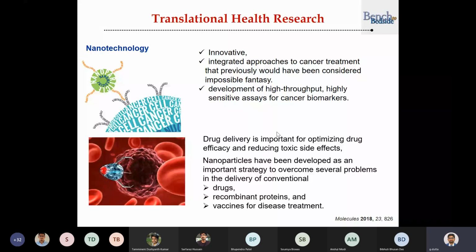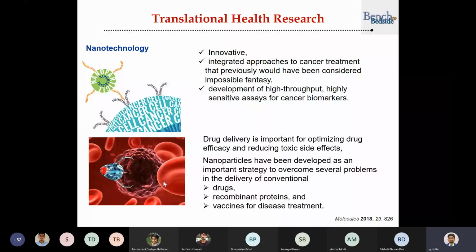Everything you can do by using nanotechnology. It's a kind of nano machine you can develop, so that you can send your drug to an actual proper place and cell area, so that it can destroy the cancer cells, something like this.